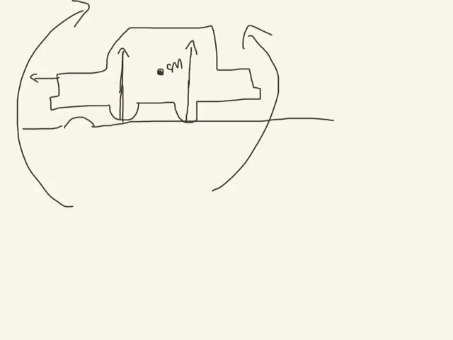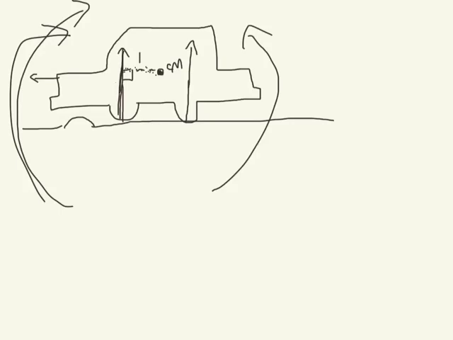By the way, here's a good example of finding the moment arm. The moment arm, this value r, is the distance between the axis of rotation, which is the center of mass here. Well, it's not really rotating, but it would be the axis of rotation if this car were to start rotating. So we find the distance from that axis of rotation to the vector that's applying a force that's trying to rotate the car, and that line has to be at a right angle to the force vector.